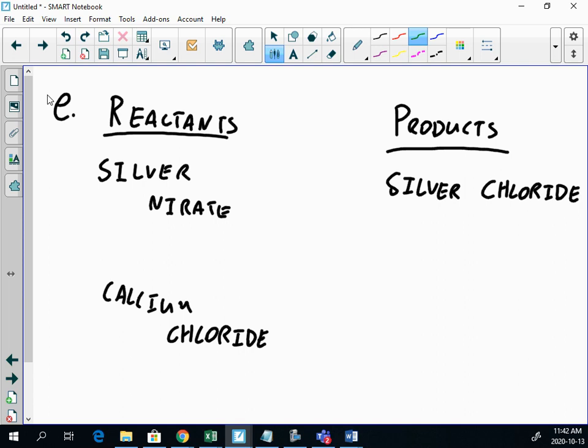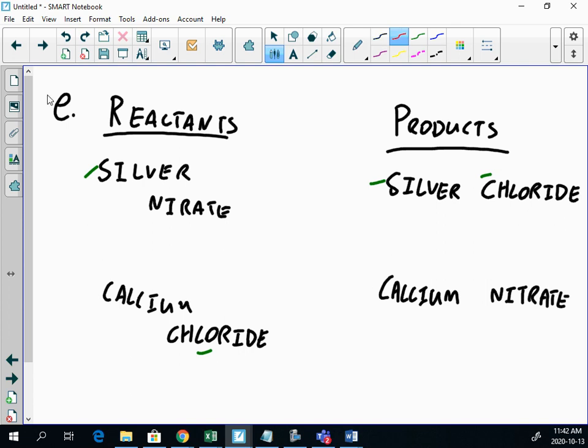I've covered the silver on both sides. I've covered the chloride on both sides. What's left are calcium and nitrate. So if I'm doing a double replacement reaction, a change of partners, then the only possibility here is calcium nitrate.